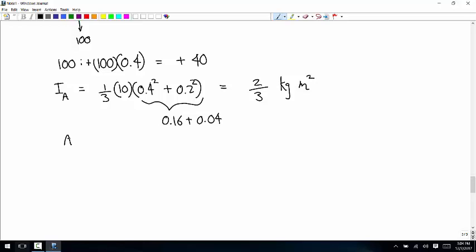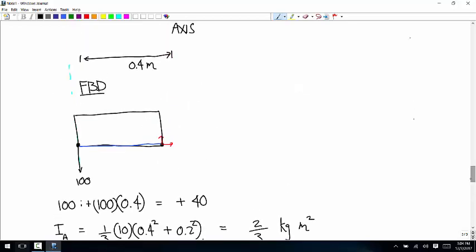And now we can put this into the angular Newton's second law. And we get positive 40 is equal to 2/3 alpha. So alpha is equal to 60 radians per second squared. So the angular acceleration is going to be this way, counterclockwise.